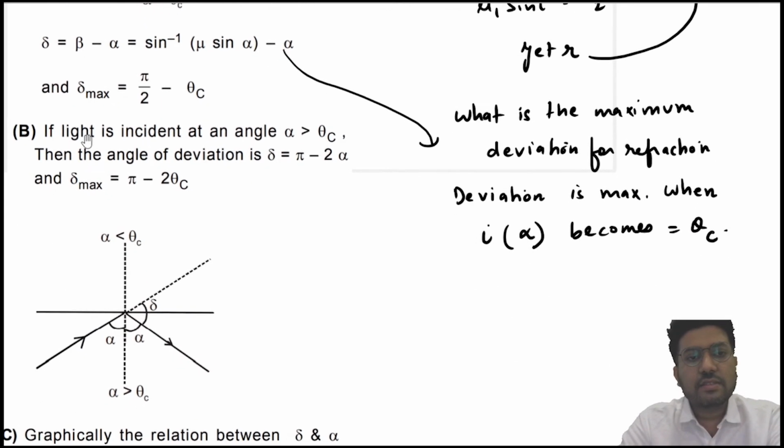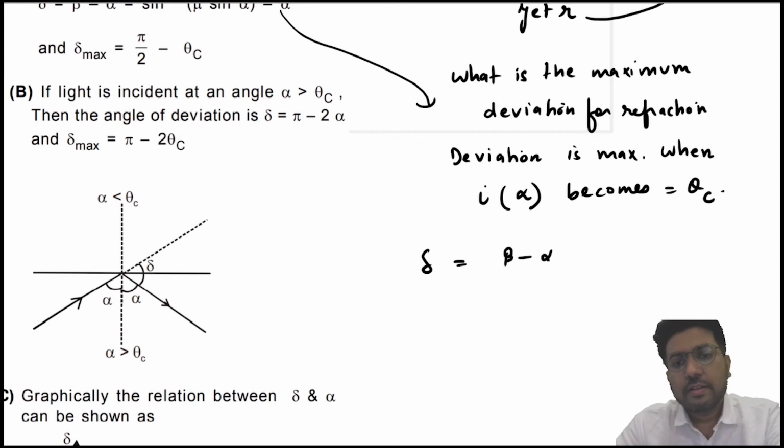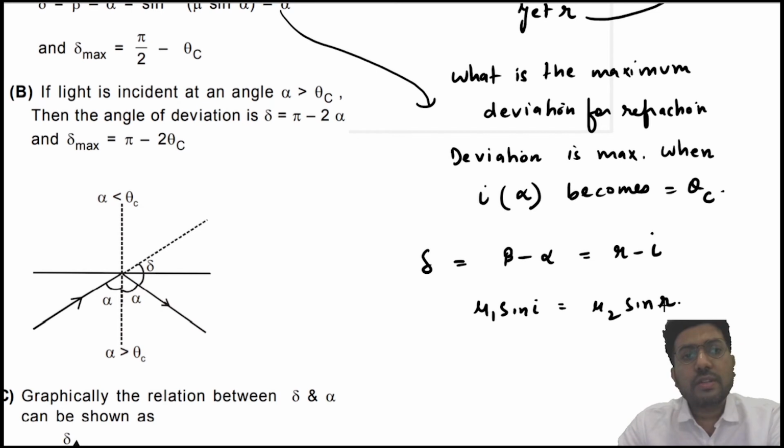In that case the deviation is maximum. And what will be the deviation? Listen carefully: delta is equal to beta minus alpha. You can also write this as R minus I, and you also know that mu1 sin I is equal to mu2 sin R. But in this case I is theta c.